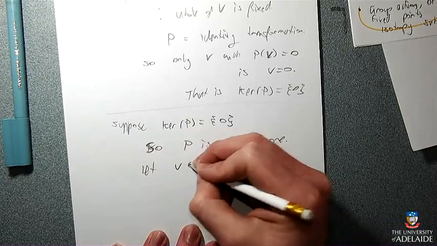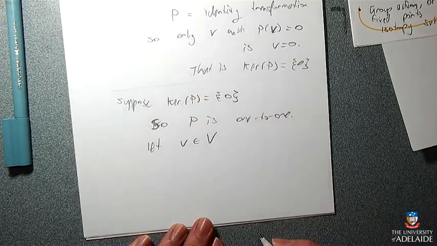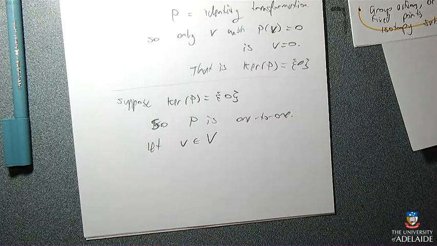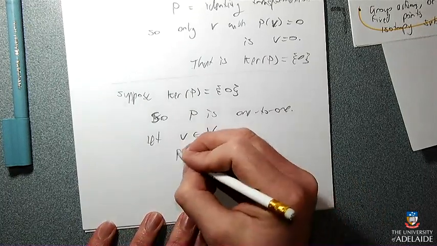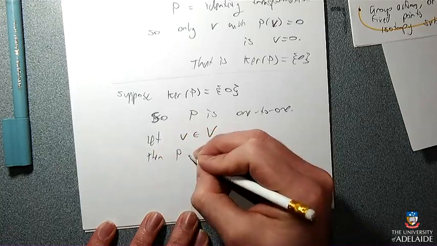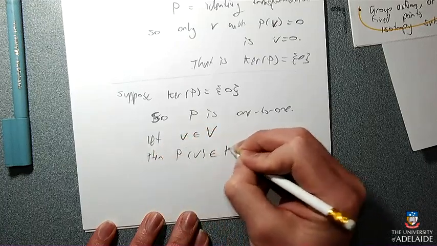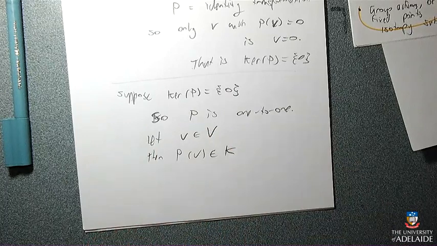So let V be in V, right? Then P of V, we know that that's in K. We know that P of V is in K. Just a second.